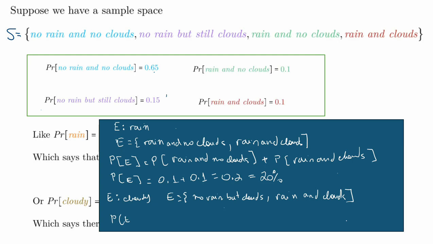So if I'm going to calculate the probability, I just sum up the individual probabilities of no rain but clouds plus the individual probability of rain and clouds, and this will be 0.15 plus 0.1. So the purple part 0.15 plus the red part 0.1. This is 0.25 or 25%.